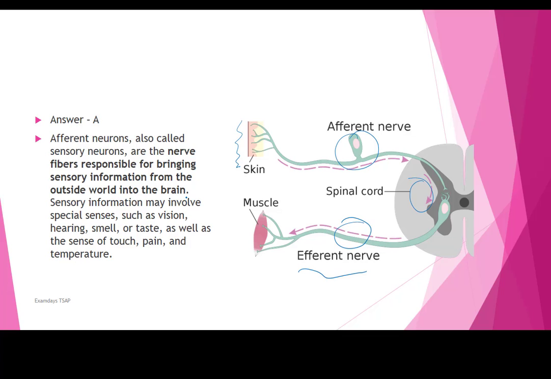The sensory information may involve the special senses such as vision, hearing, smell or taste, as well as the sense of touch, pain and temperature. As the name suggests, this is the afferent nerve, so the correct answer is afferent nerve.